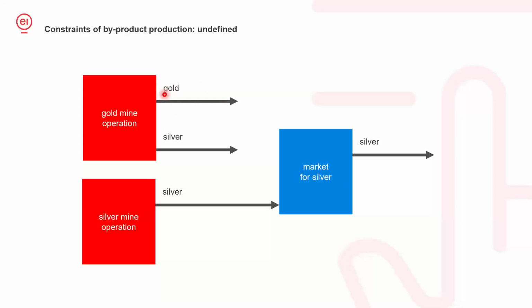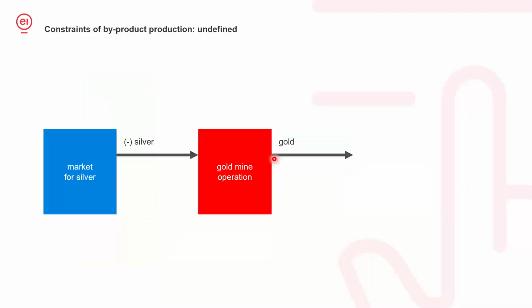So when we have byproducts, these activities are not supplying the market. However, the gold mine operation will get a credit for providing silver, which will not need to be provided by another primary production activity. So there is a credit here, but the market for silver is not supplied by this activity.